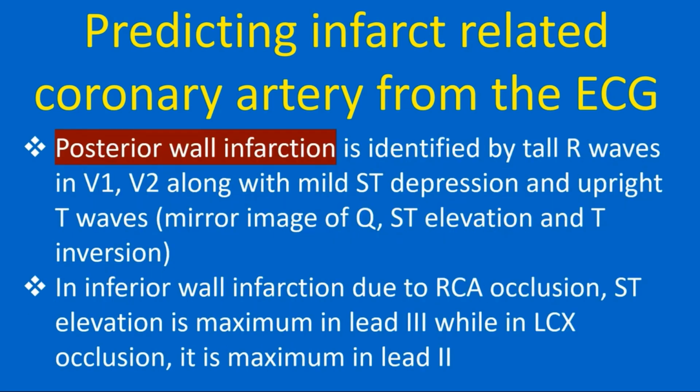Posterior wall infarction is identified by tall R waves in V1, V2 along with mild ST depression and upright T waves, mirror images of Q, ST elevation and T inversion. In inferior wall infarction due to RCA occlusion, ST elevation is maximum in lead 3, while in LCX occlusion, it is maximum in lead 2.